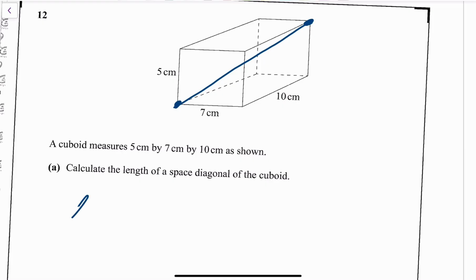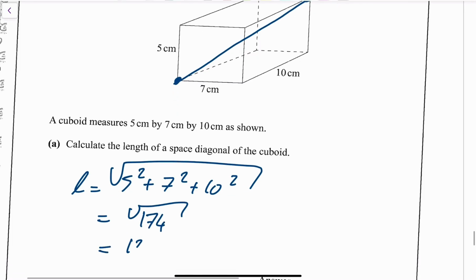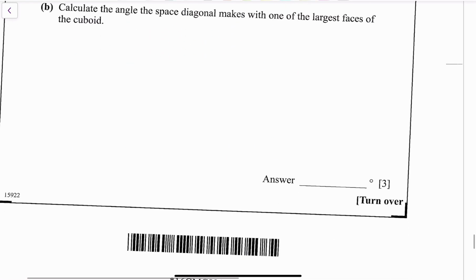So the length of it is, if you have a cuboid, it's all 3 sides squared and then added and then square rooted. And if you do that on your calculator, you'll get the square root of 174. I'd probably give that to 2 dp's as well, which is 13.19 centimeters to 2 decimal places.